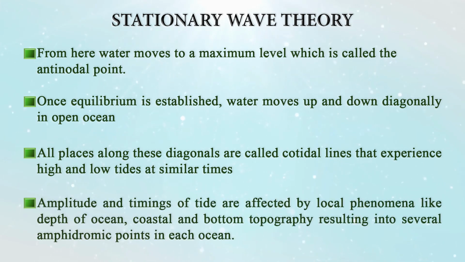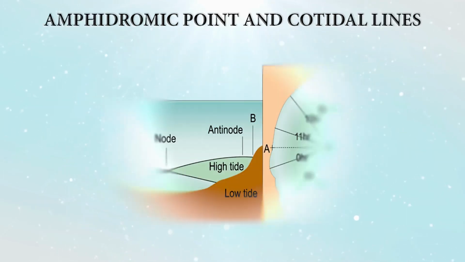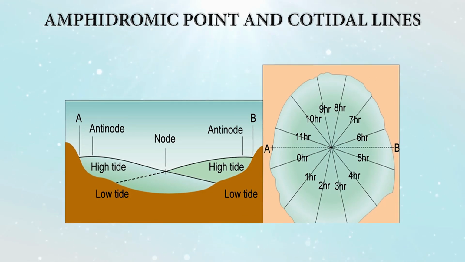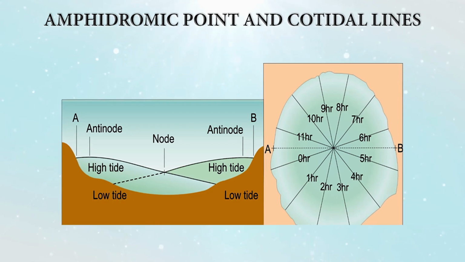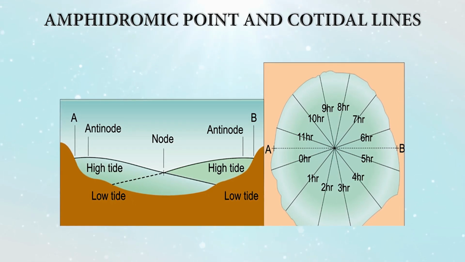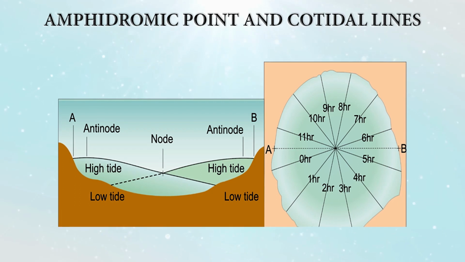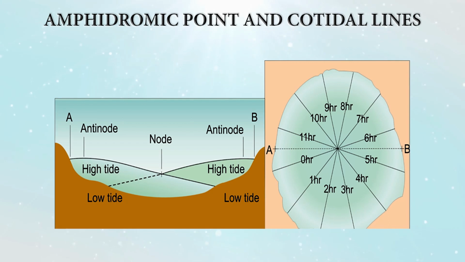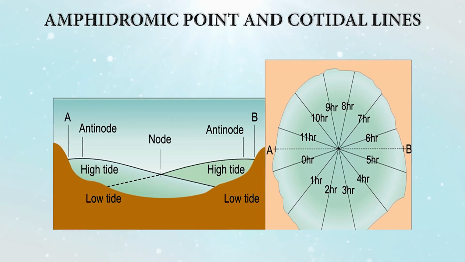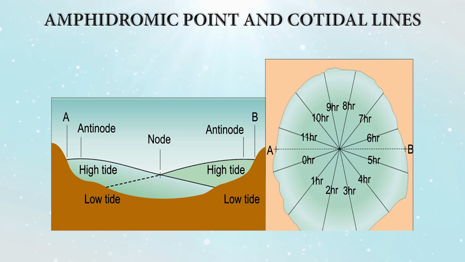The amplitude and the timings of tides are affected by local phenomena like the depth of the ocean and coastal and bottom topography, resulting in several amphidromic points in each ocean. Let me explain this. You can see in this figure, in the right portion, the amphidromic points and several co-tidal lines drawn diagonally, and in the left portion you can see high tide and low tide along the edges, that is the antinode, and the node is the stationary point.